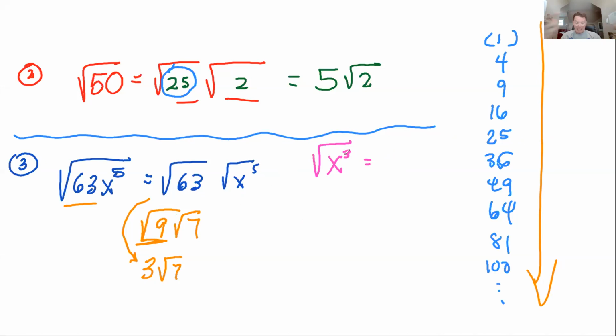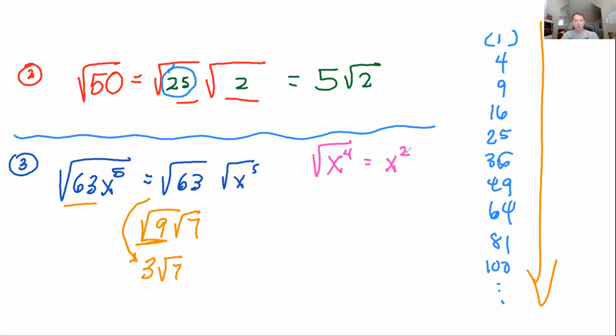Is there anything I can multiply by itself now to get x to the third? And the answer is no. In fact, you can't do this with any odd numbers, but you can do it with even numbers. What expression times itself equals x to the fourth?